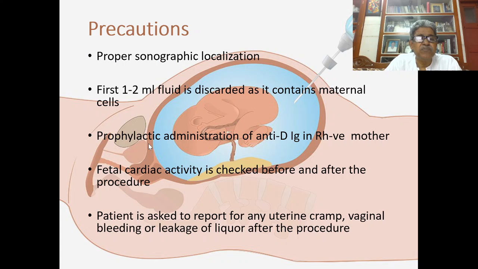Another, the prophylactic administration of anti-D in Rh negative mother. What does it mean? This is very important. If during the insertion the needle ruptures the abdominal cavity, it may cause bleeding. Due to bleeding, the blood may come into the amniotic fluid.